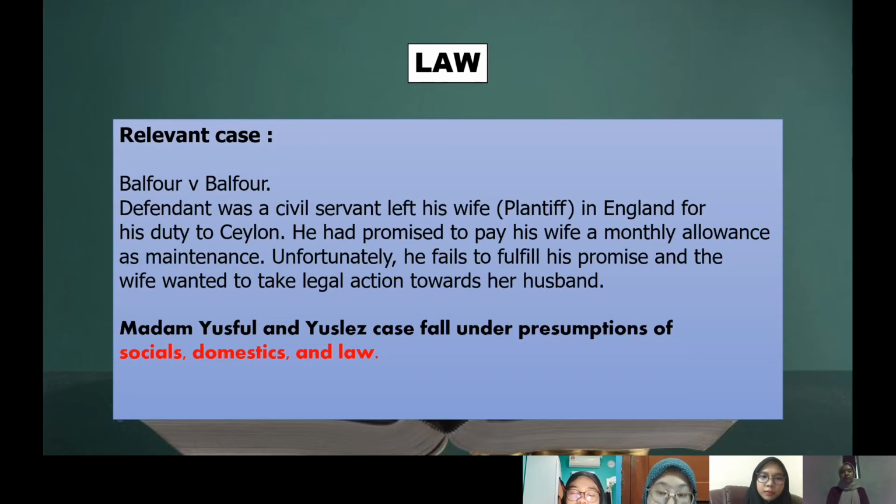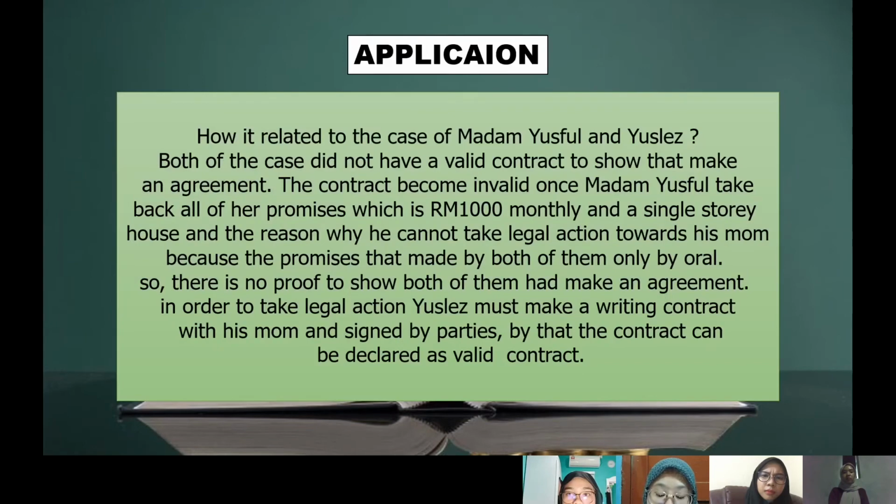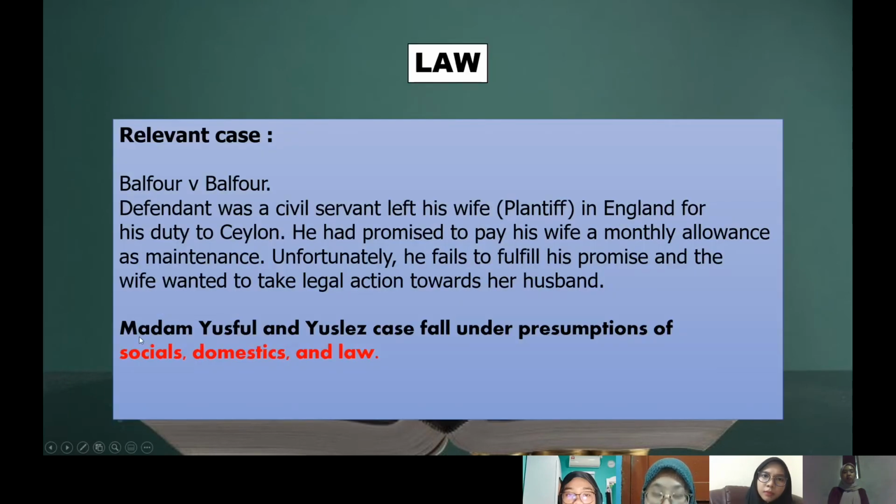There are two presumptions on the existence of intention to create legal relations that can be concluded from case law: social, domestic and family agreements, and business negotiations. The Madam Useful and Useless case falls under the presumption of domestic agreement, which is an agreement without intention to create legal relations, which means the agreement is not intended to be legally enforceable.